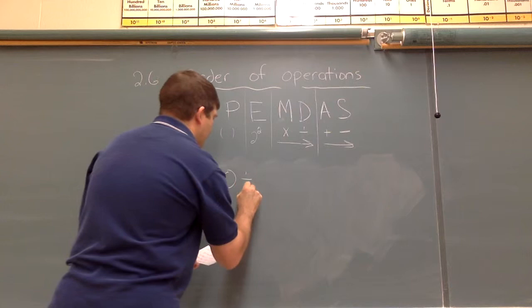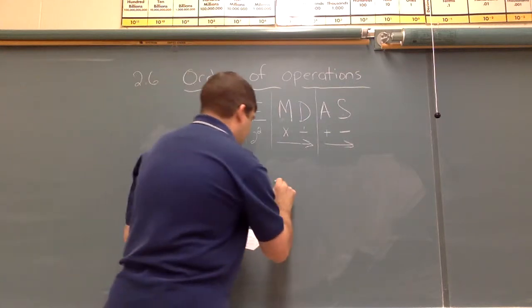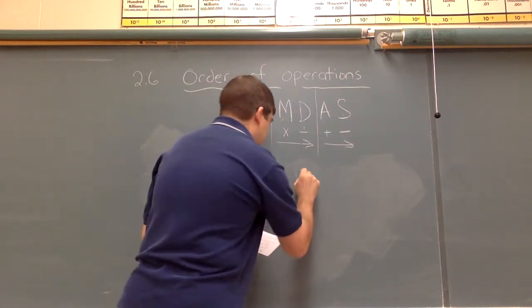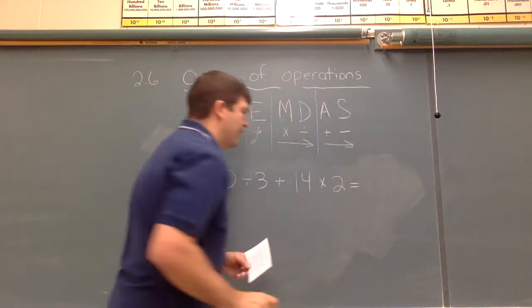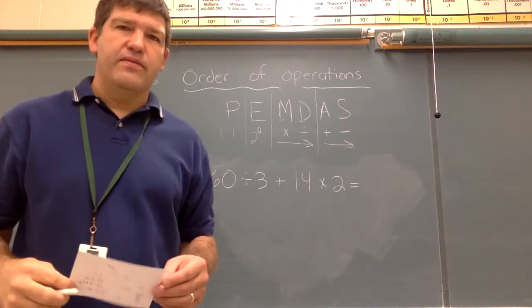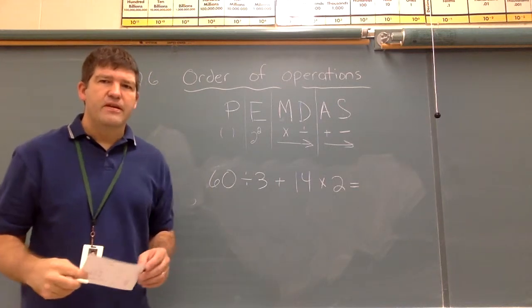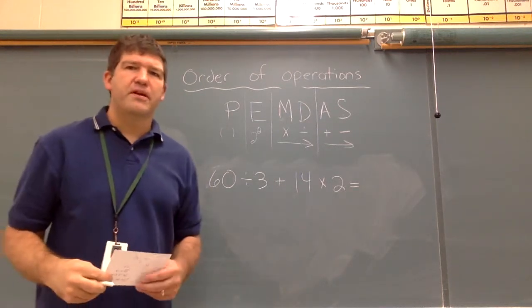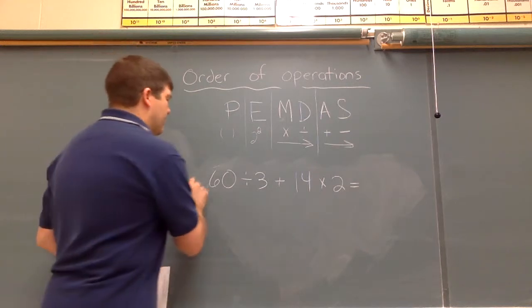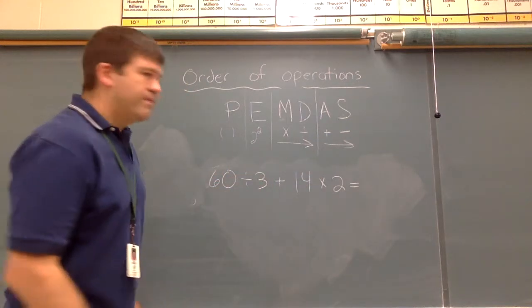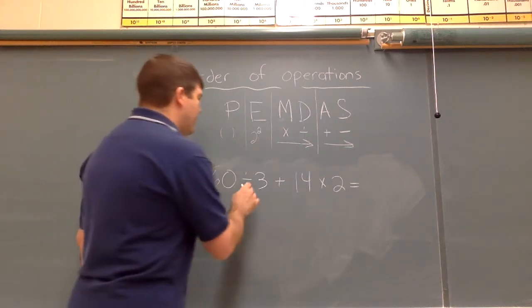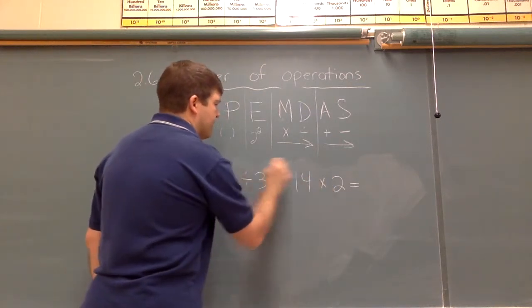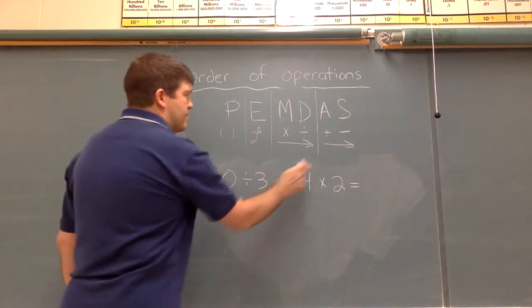60 divided by 3 plus 14 times 2. Okay. Now, no parentheses, no exponents. Multiplication, division. Let's do all of the multiplication, division first. We go left to right, doing multiplication, division. Even though this division is first, it's okay. We need to do all our multiplication and our division first. This addition comes last.